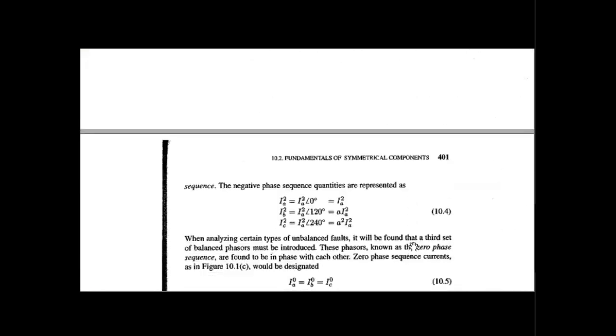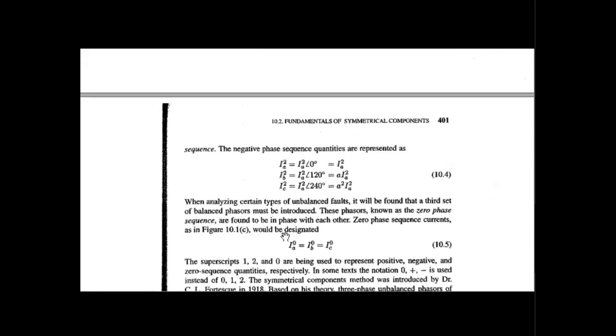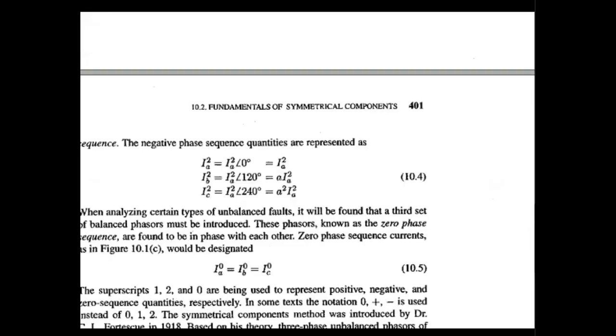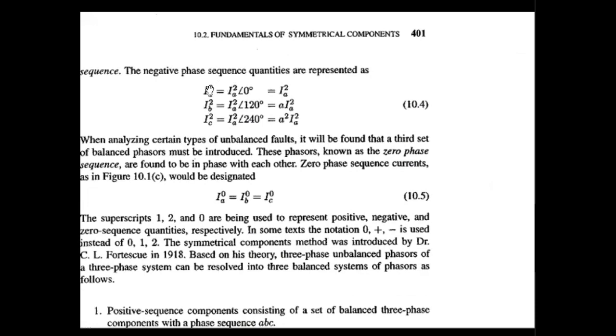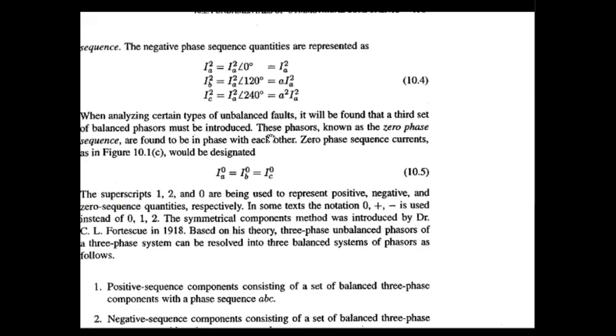The second one is the sequence component in terms of the phases. If it is the negative sequence, it is denoted by 2, as already mentioned from the diagram. You can generate those sequence components, right?